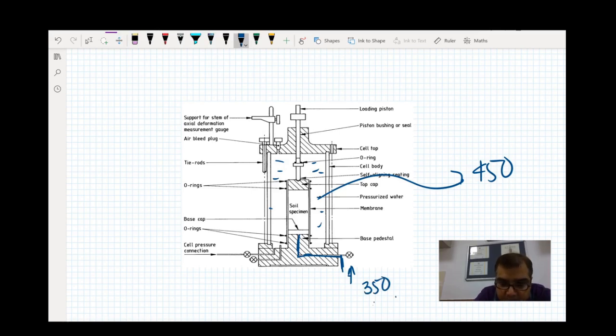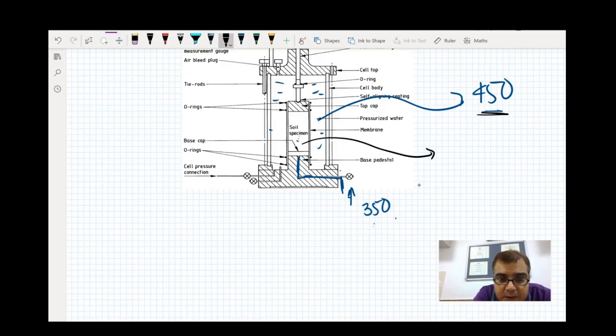What happens is, once I open up this valve over here, the pore pressure which is inside the sample, so the water, will escape out from the sample and hit against the 350. So what you'll notice is, water will escape from higher pressure to a lower pressure until it stabilizes to a value of 350.